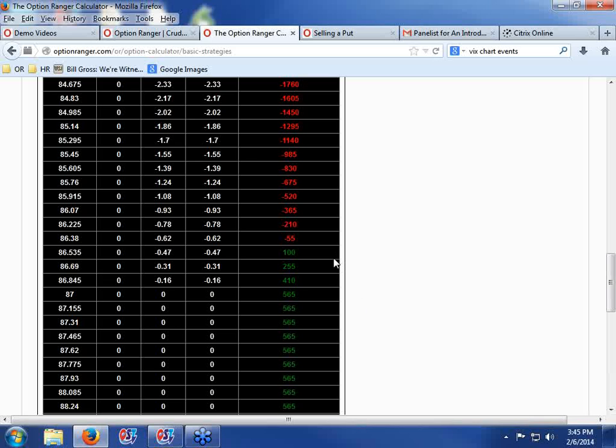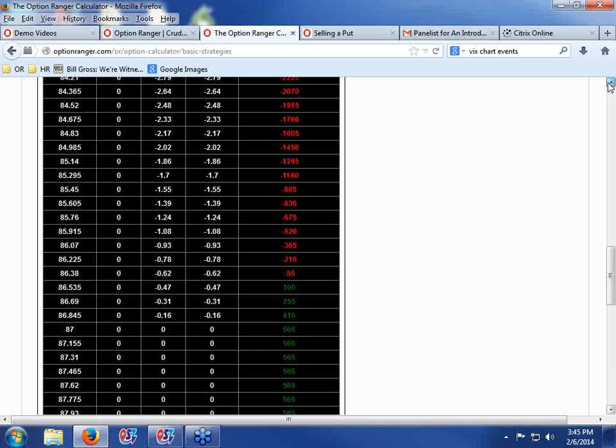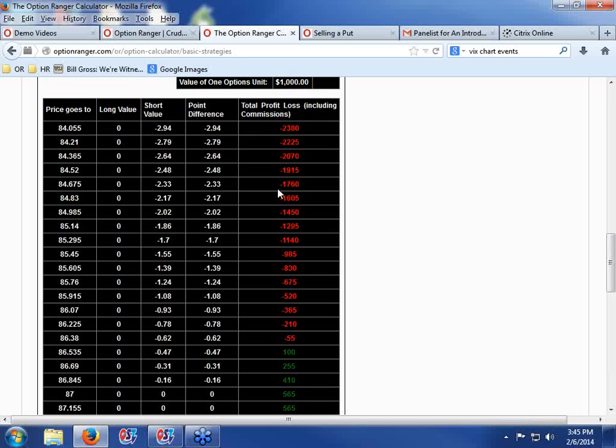although you have a nice margin of error of $10 going down, if there's a very large move to the downside, the losses increase. So for instance, at a level of around 84.5, the position would be down almost $1,900.